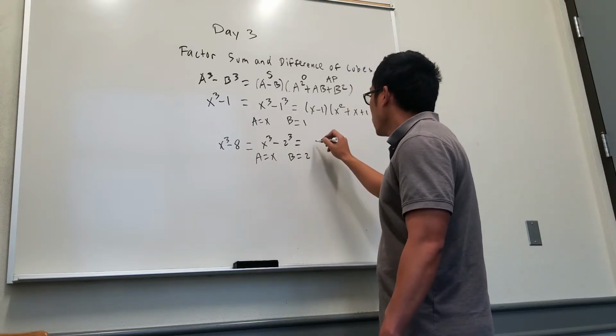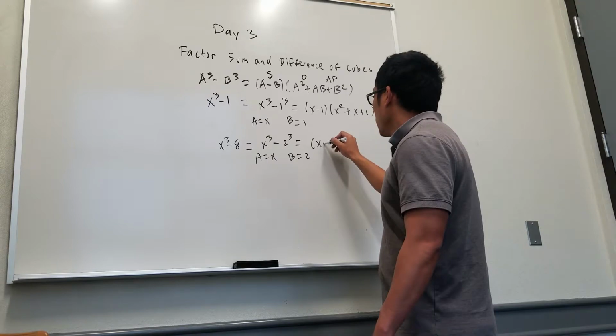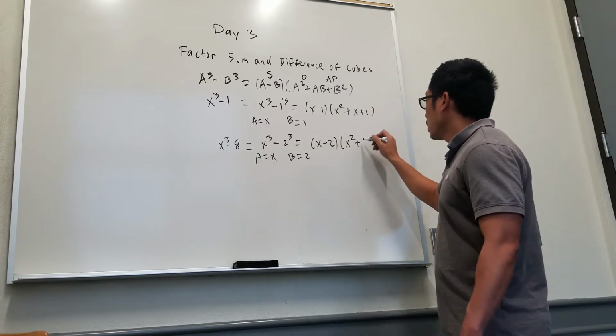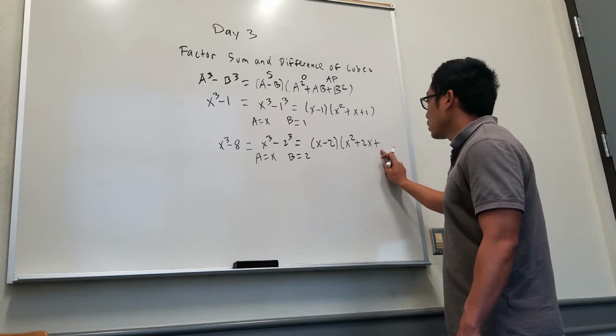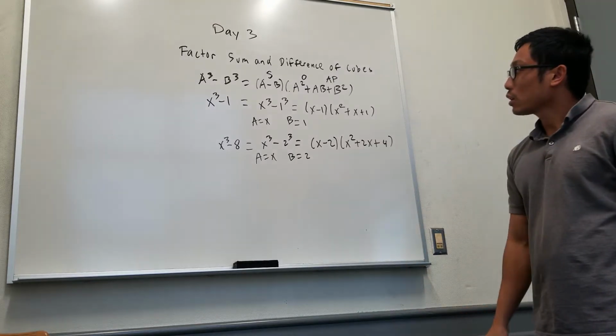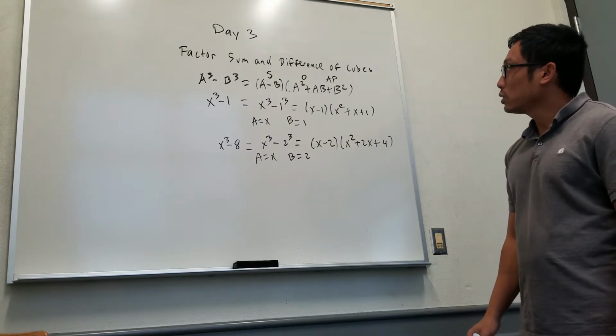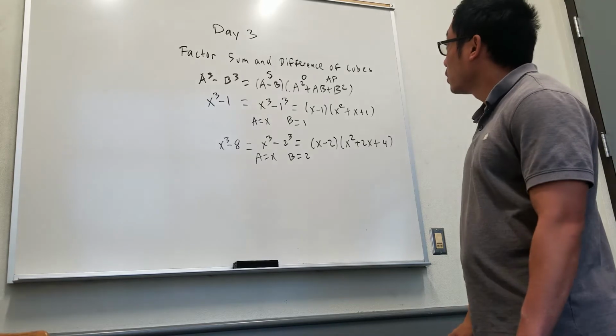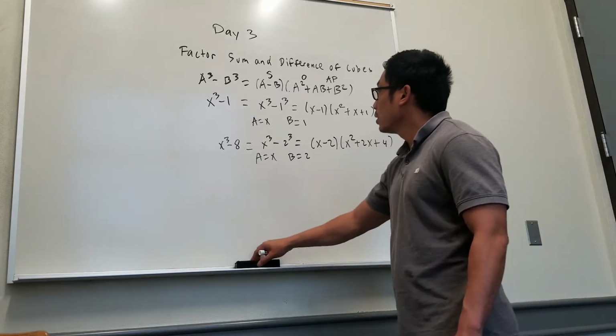So you have A minus B, which is X minus 2, X squared plus 2X plus 2 squared, which is 4. That's it. Okay, so we just did factor sum or difference of cubes.